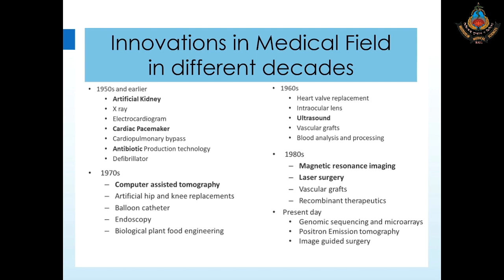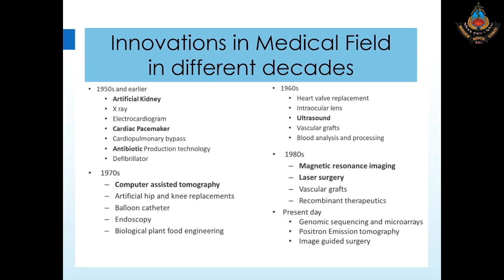And in the 1980s there was the introduction of the MRI, which is used to study the soft tissue objects of the body. Laser surgery is used mostly in the eye and in highly vascularized areas to decrease blood loss.